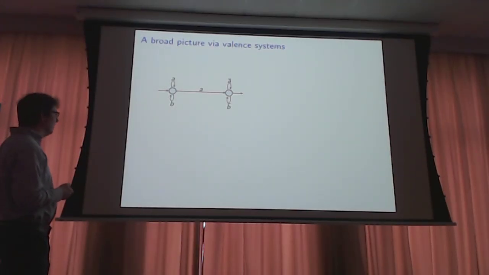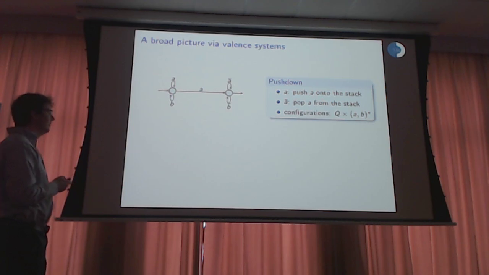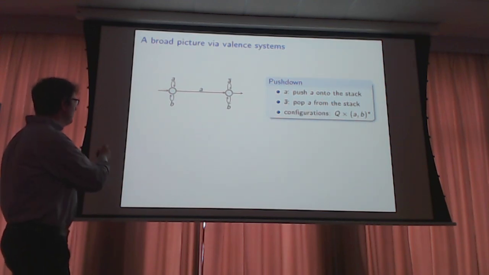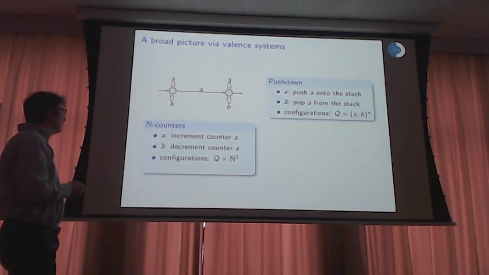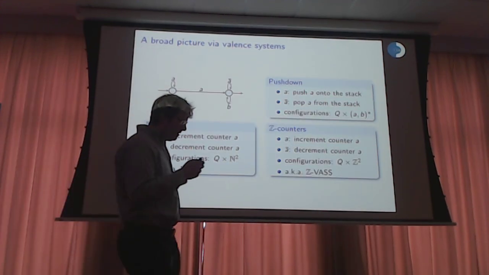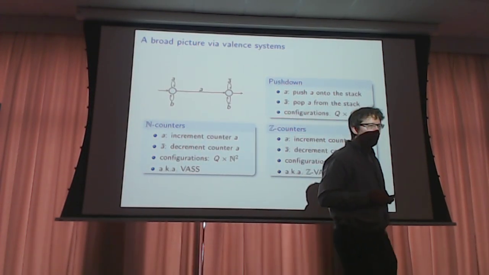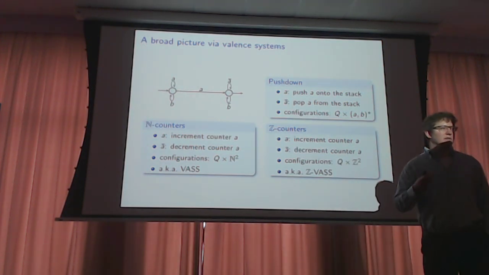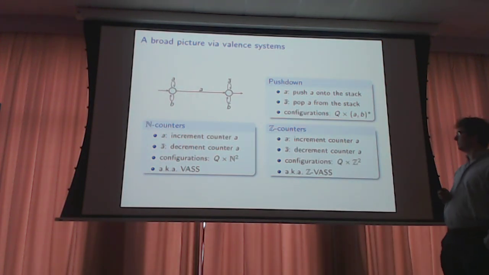So we had our example in the beginning of some, not bidirected, but some infinite state system. And we saw that we can interpret the same drawing as a pushdown, as a VAS, and also as a ZVAS. And this is the basic observation that leads to this notion of valence systems that generalizes many types of infinite state systems.